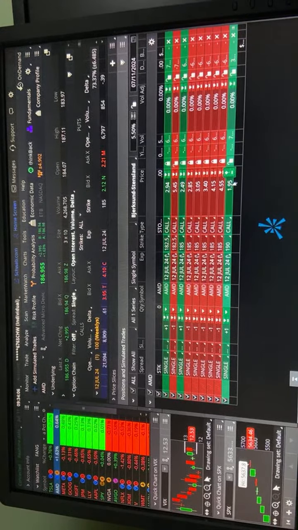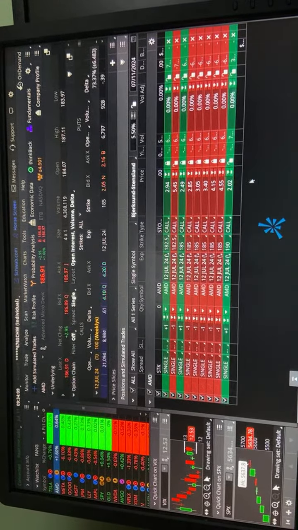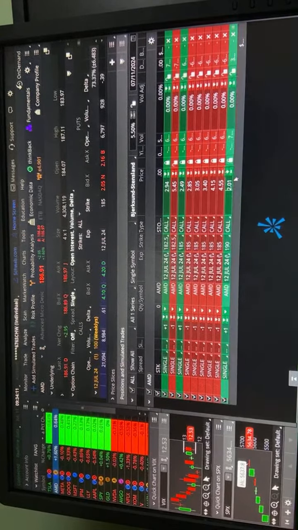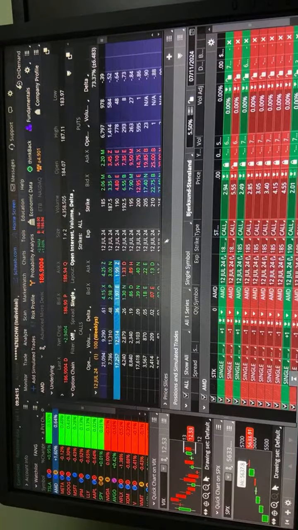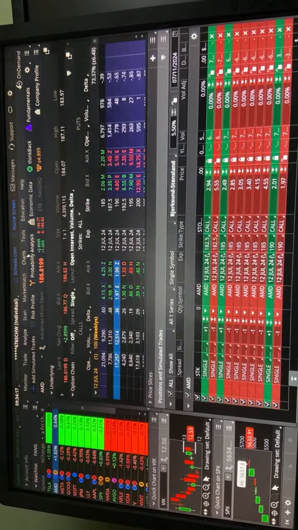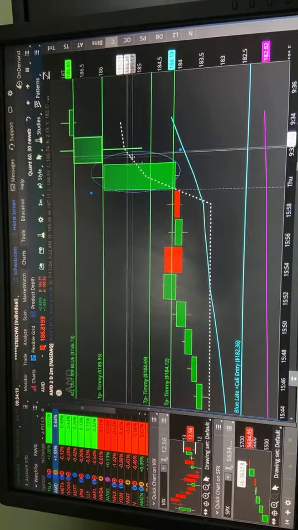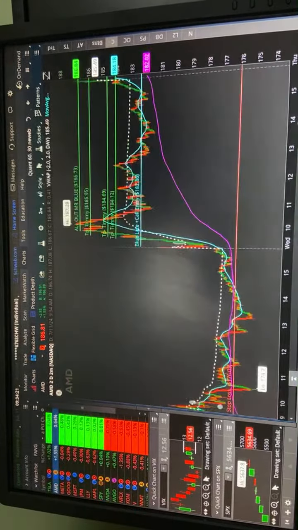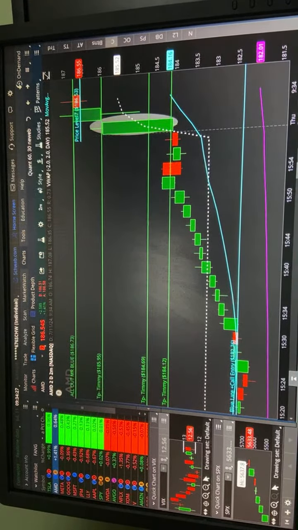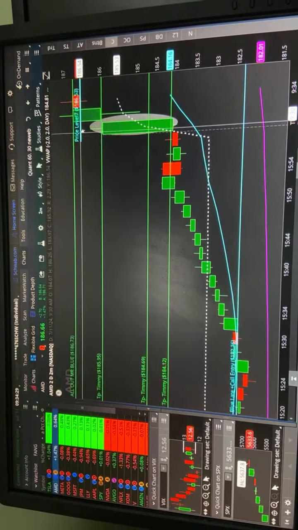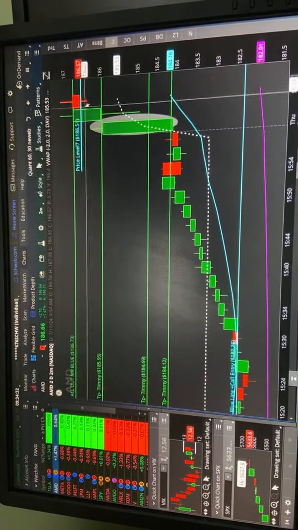All right, I got filled at 2.01 on the 190 strike call, long AMD call. And if you pulled the trigger quicker than I, you might have gotten a better price. All right, AMD, long call.